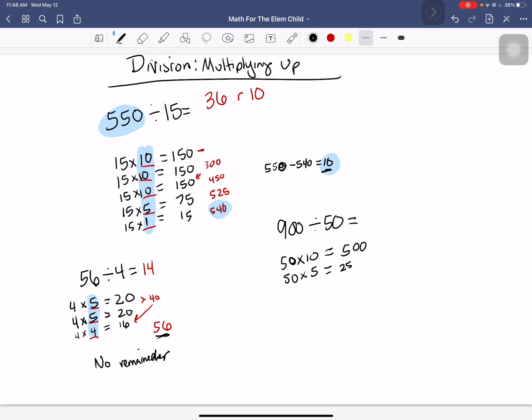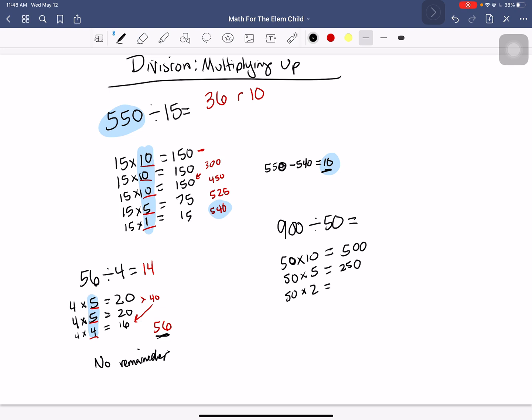So 5 times 5, we bring 0 over. 25, 250. So 50 times 5 is 250. If we were to do 50 times 5 again, we would have 100 too many, because 250 plus 250 is 500, and then 500 plus 500 is 1,000. That's too many.